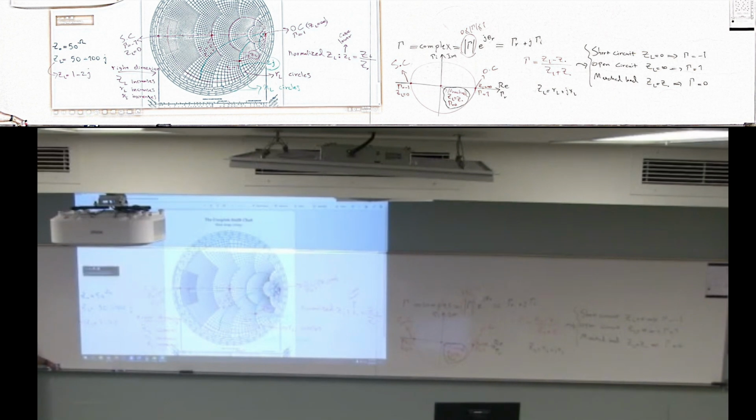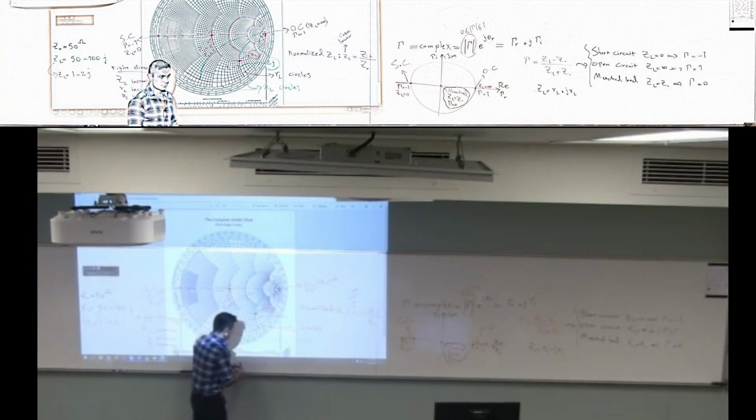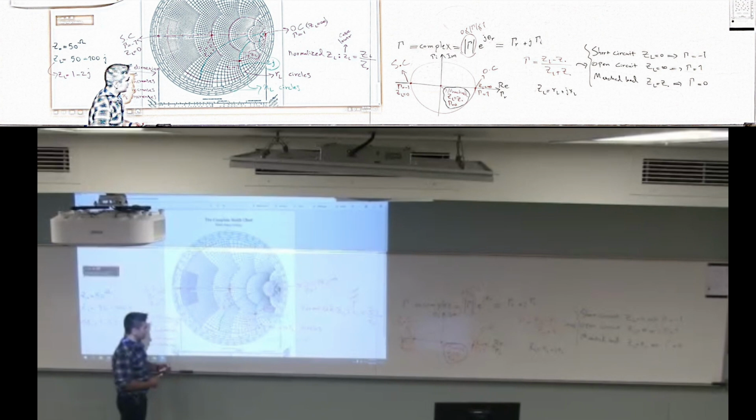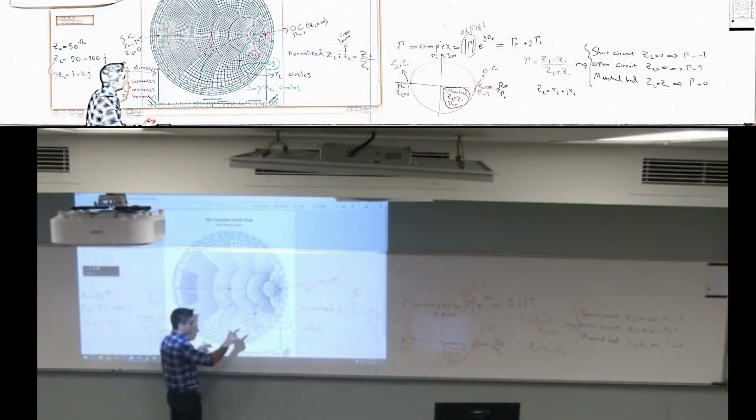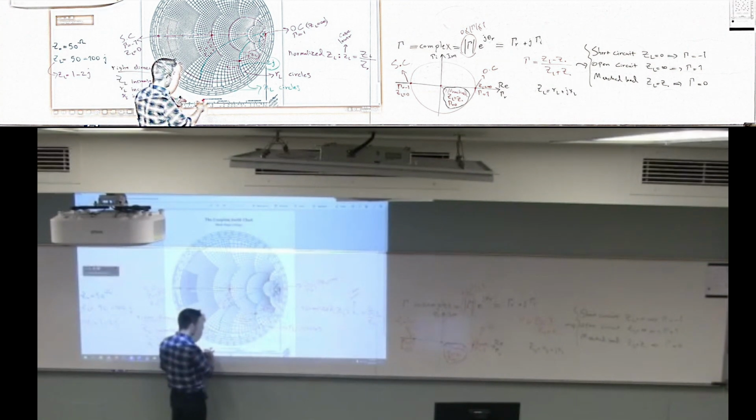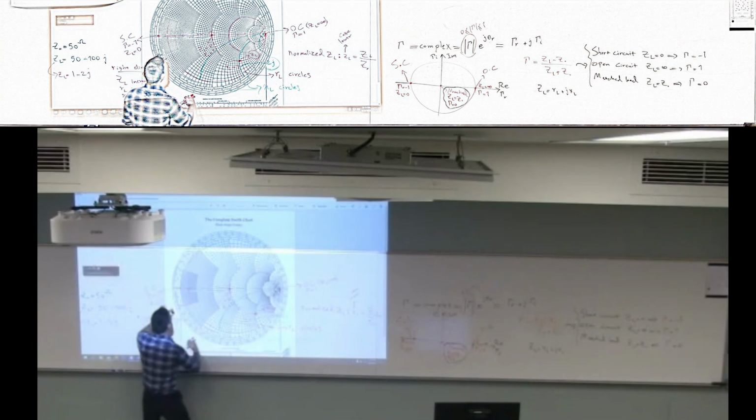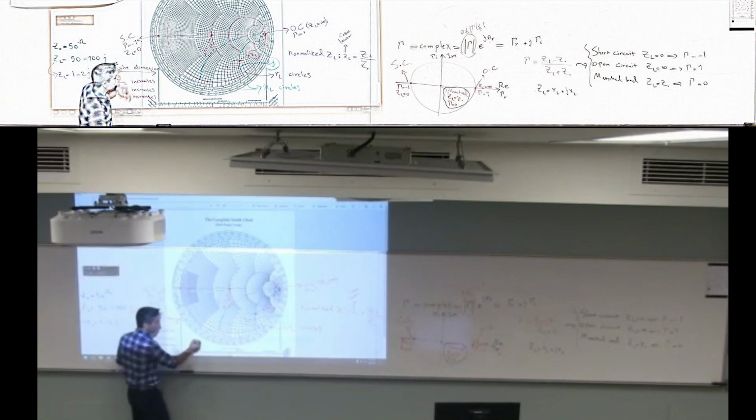Now, you start from ZL. In order to move on the transmission line, you will have to move around this circle. We're going to solve more in-depth questions next week, but just follow through what I'm explaining so far. If you move in this direction, as it says, this is the direction towards load.